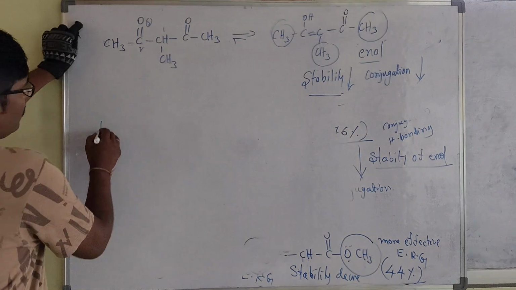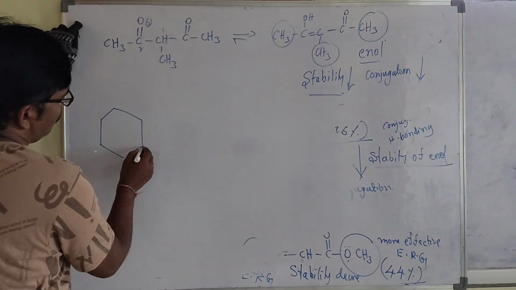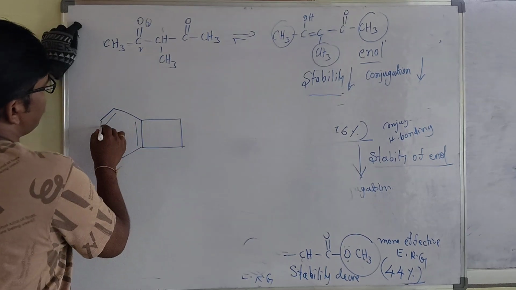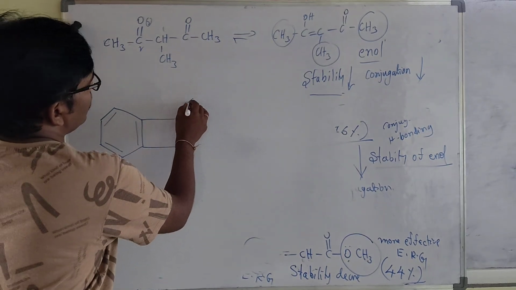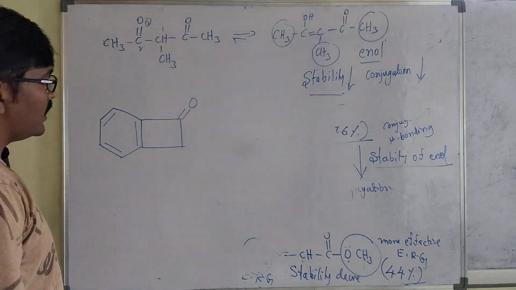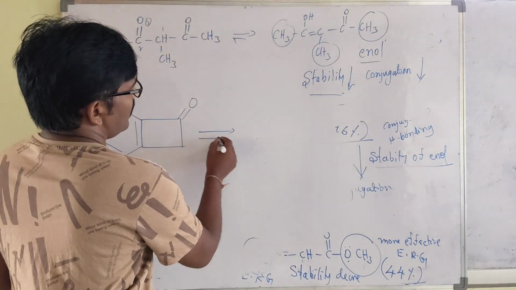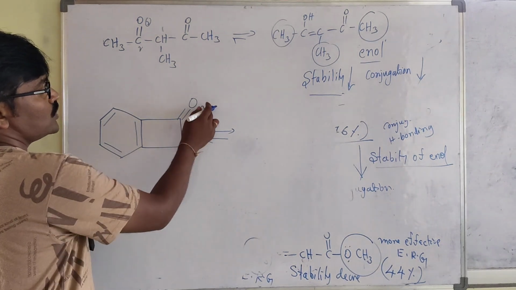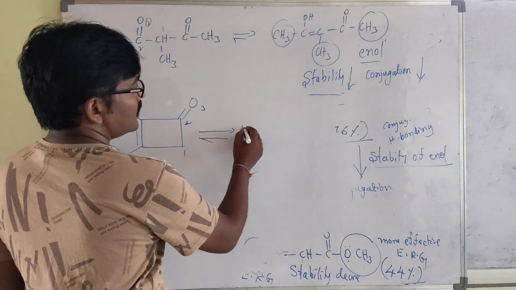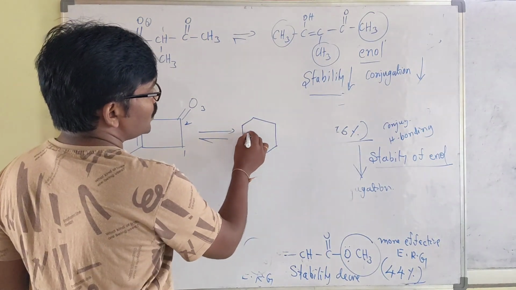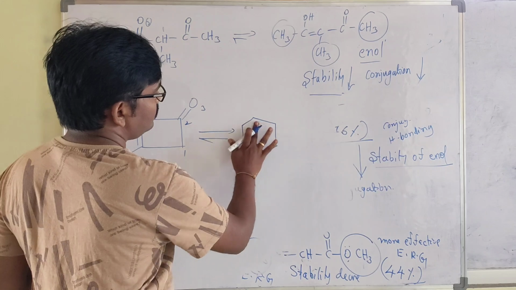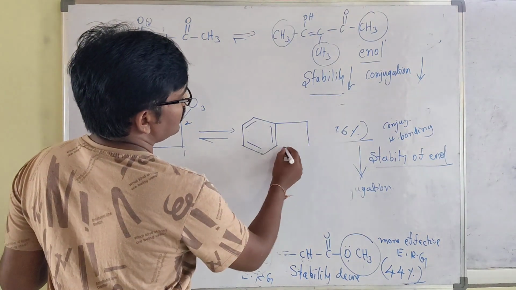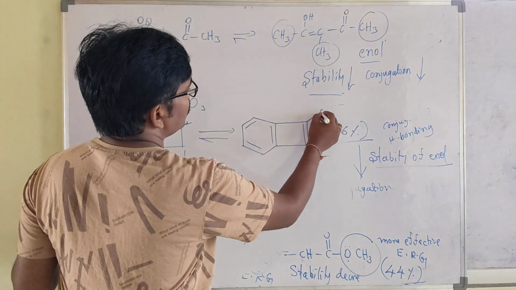Next, one more compound like this will be there, with double bonds like this. How does the enol content form here? The hydrogen atom from the first position migrates here. After migration, if you observe the compound, a double bond will come, and here OH will come.